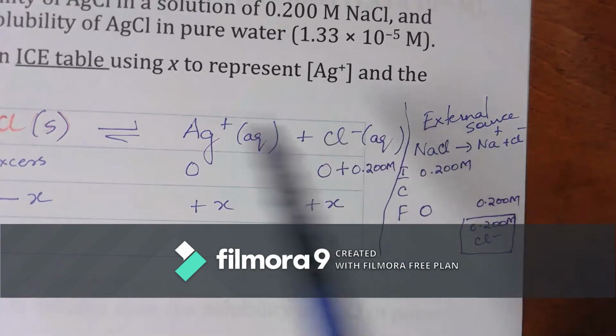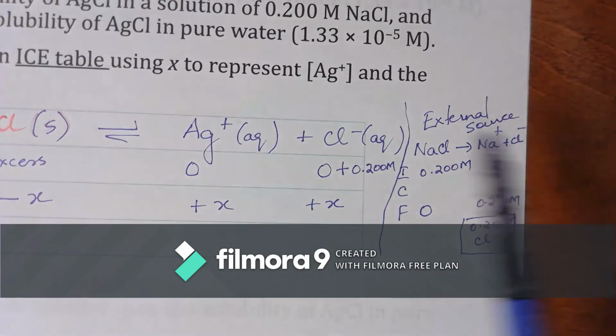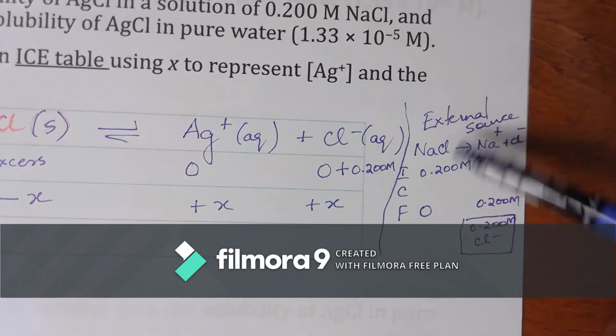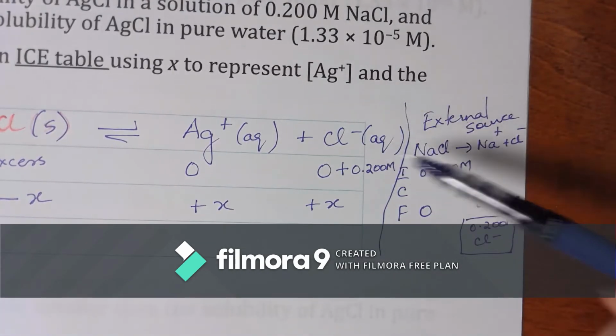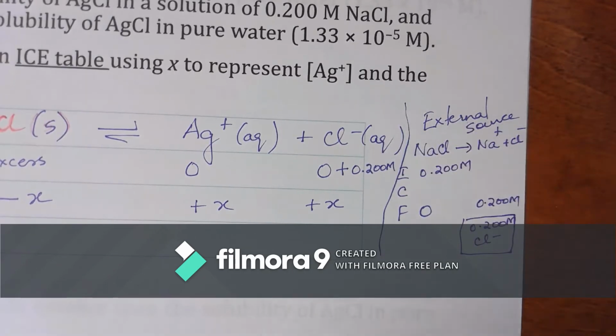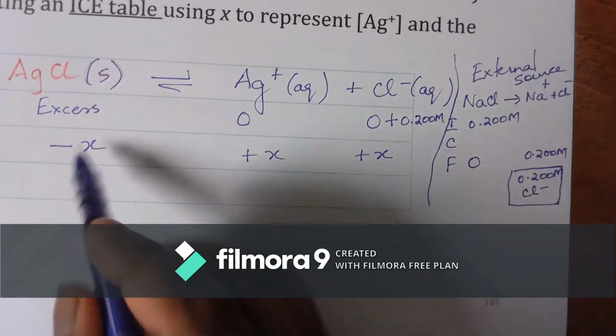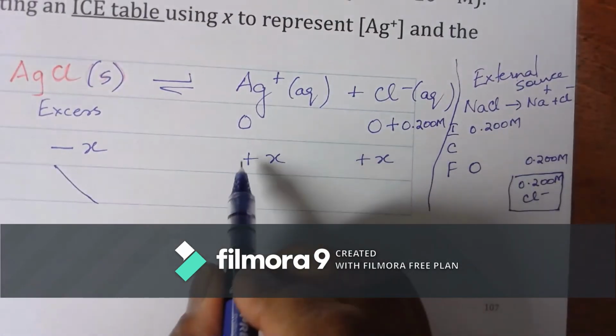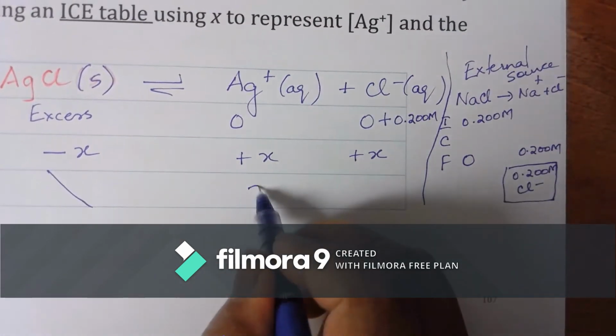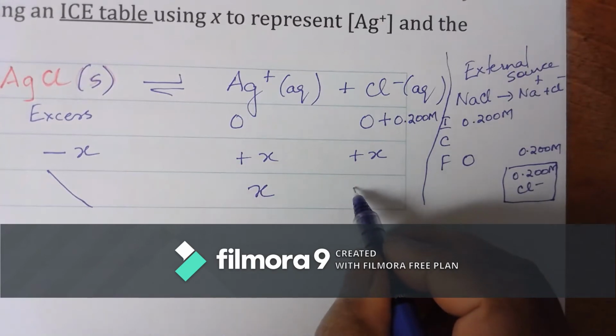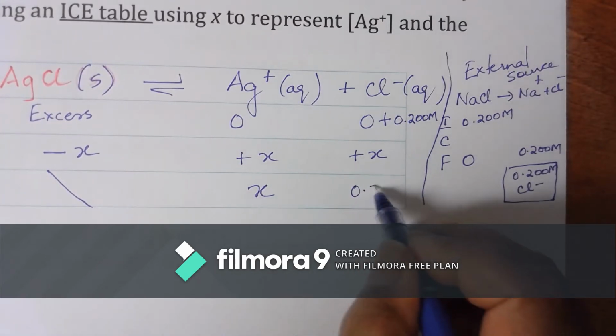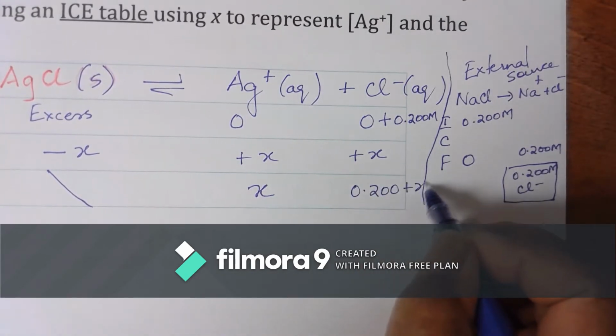This ion also comes from AgCl. So it's a common ion. And so in the equilibrium, because you're adding this, there's an excess amount of the chloride. So remember, we don't put anything there because it's a solid. This is x, and this is 0.200 plus x.